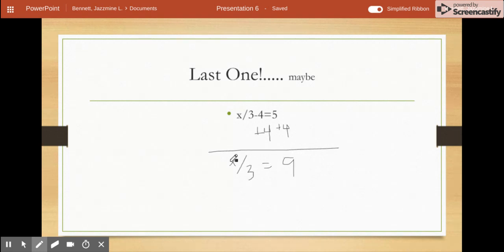Since this is x divided by 3, the opposite thing to do is to multiply. So we're going to multiply by 3, and that's going to cancel out. We multiply by 3 over here, and we are left with x equals 27.